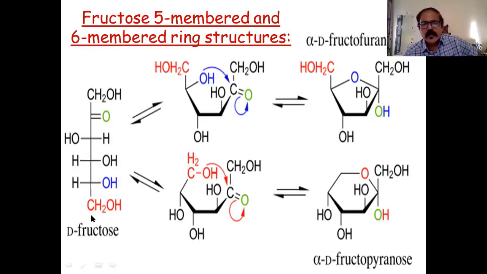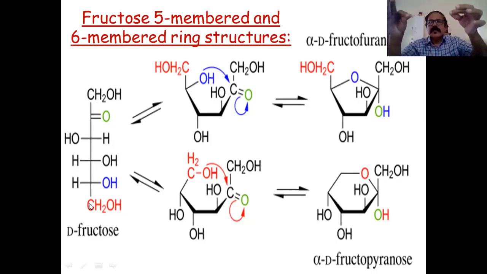So let us see how a 6-membered ring is formed. Same story. Here, first carbon, second carbon, third carbon, fourth carbon, fifth carbon, sixth carbon. Again, I am holding the black CH2OH molecule and the red CH2OH molecule. I am turning it from vertical to horizontal.